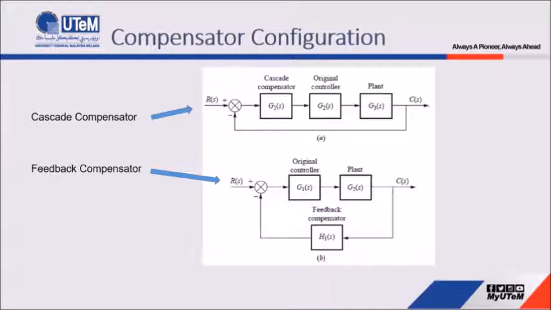In order to design the controller, we can choose either this configuration or this configuration. This configuration we call cascade configuration, where we put the compensator in front of the original controller and plant. Plant in this case represents the system that we want to control. This is what we call cascade compensator.